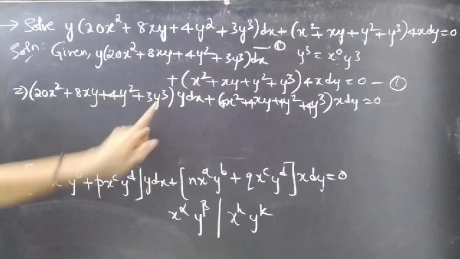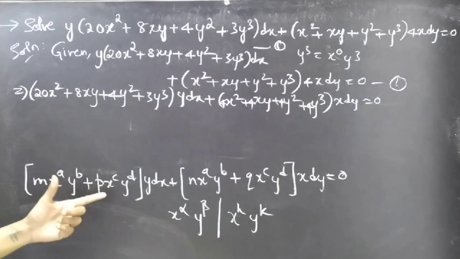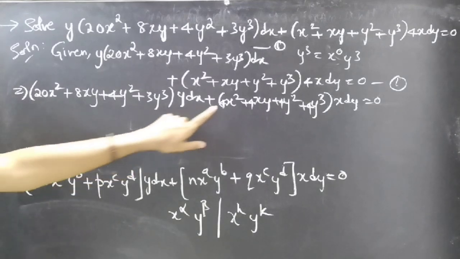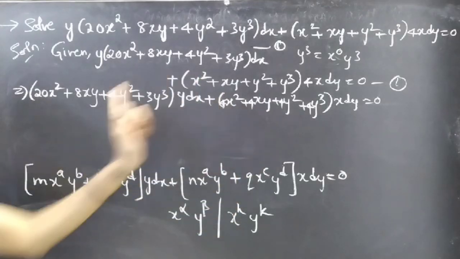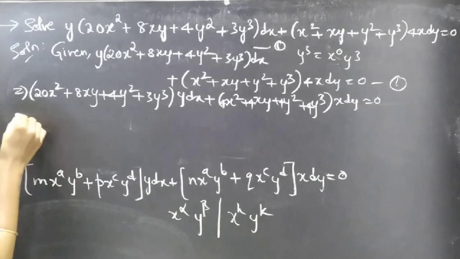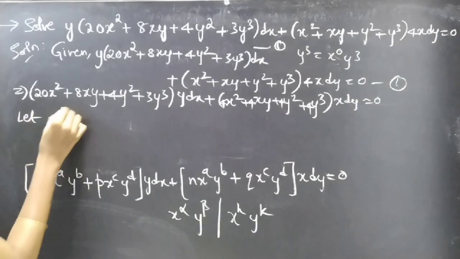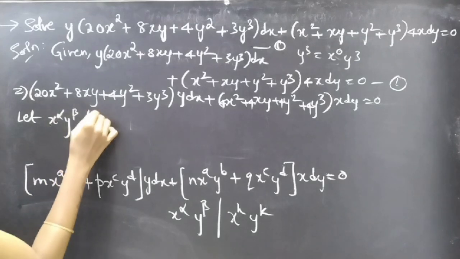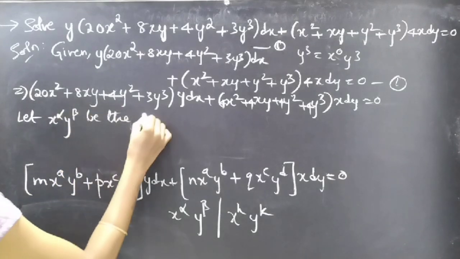But you have four terms. Here you have two terms in the formula, and here you have four terms. Now since the given differential equation is of this form, let x^α y^β be the integrating factor.